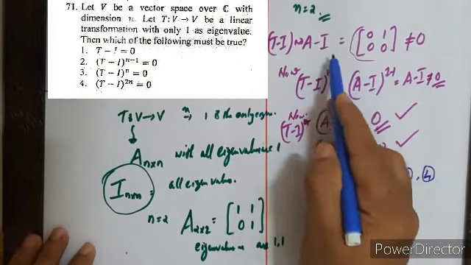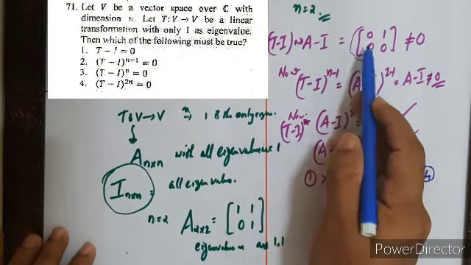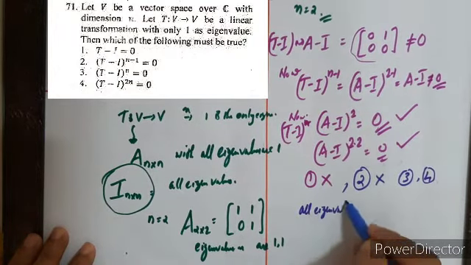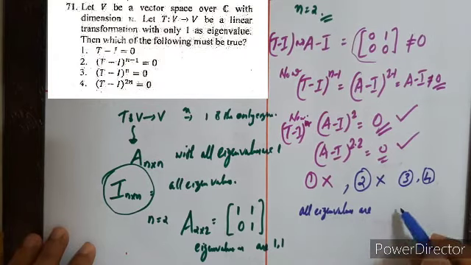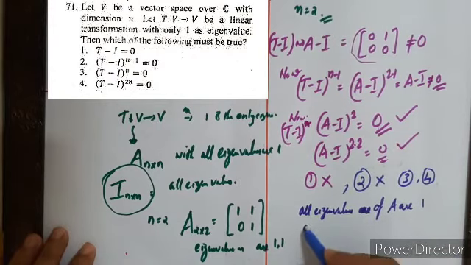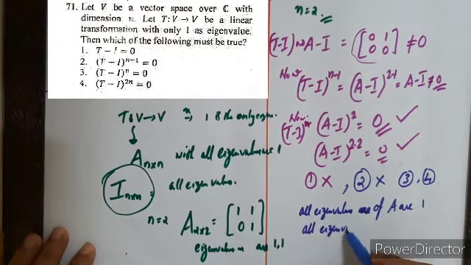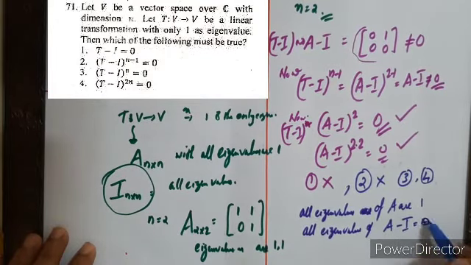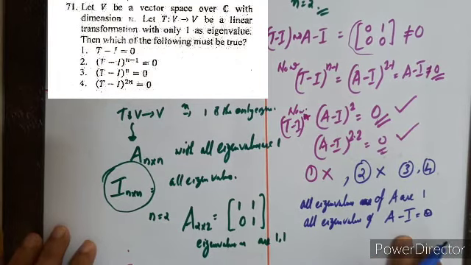So for A minus I, we know that all eigenvalues of A are 1. Then all eigenvalues of A minus I are 1 minus 1, which is 0.